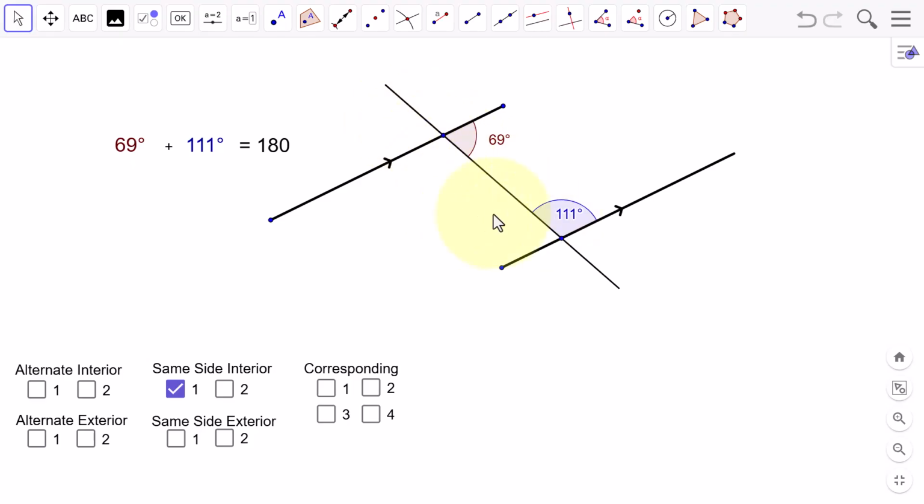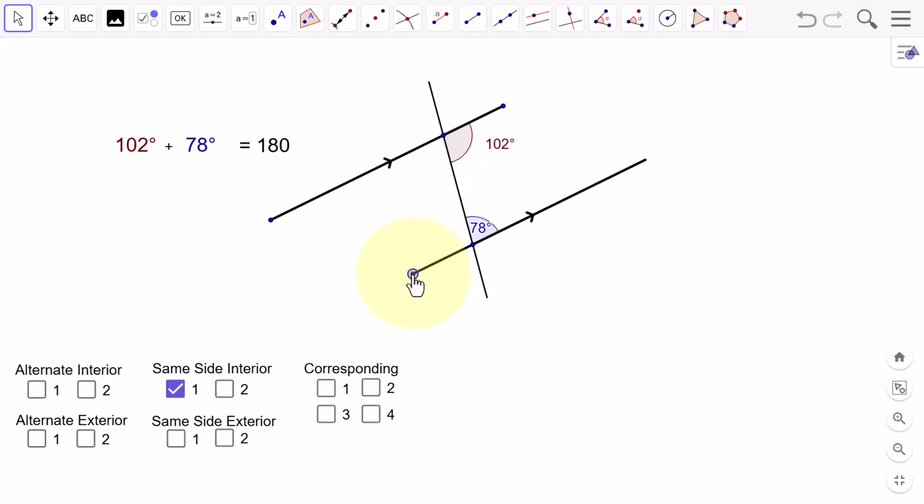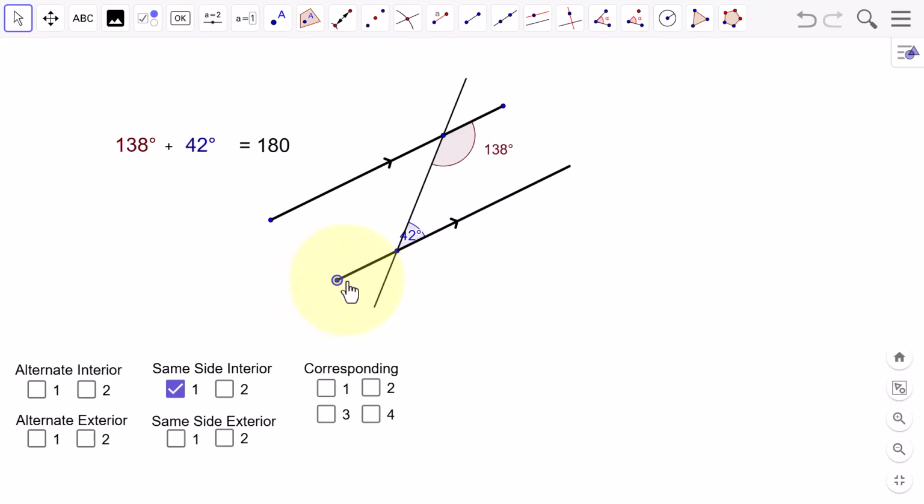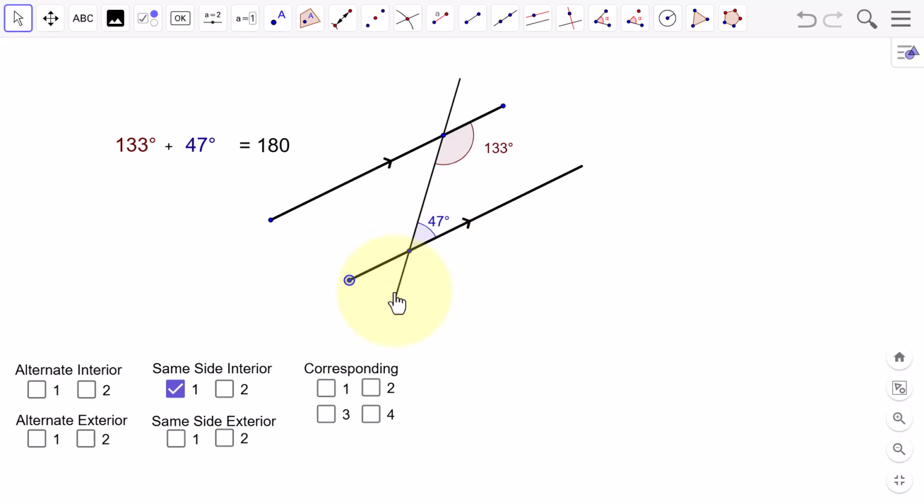You can see how these parallel lines change depending on the effect of this transversal on them. Now let's see something. If I click on this point, you see I can move the parallel lines like this. You can do the same thing when you click the link I'm going to send to us now. When you click the link, you will see this applet, then you should be able to do the same thing.